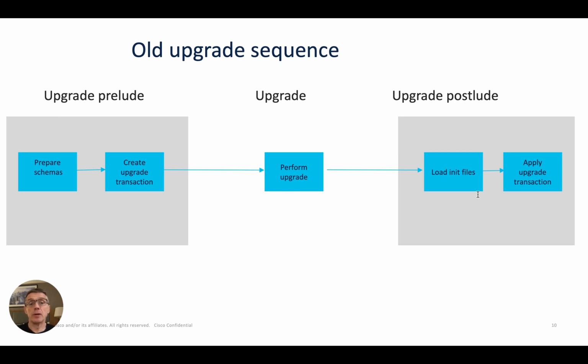Next comes the perform upgrade, where the old config is traversed, making changes to the upgrade transaction according to the schema changes. Nodes deleted from the schema are handled separately. Finally, in the postload, the result is made persistent, assuming the transaction apply is successful.